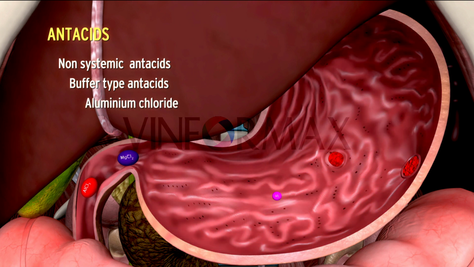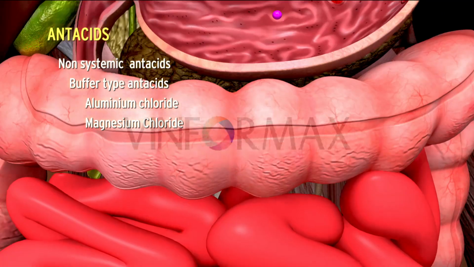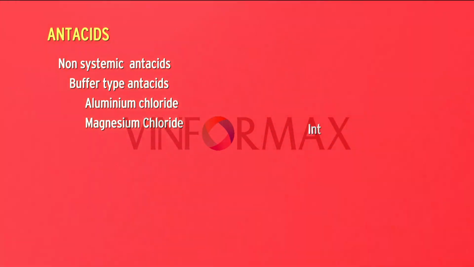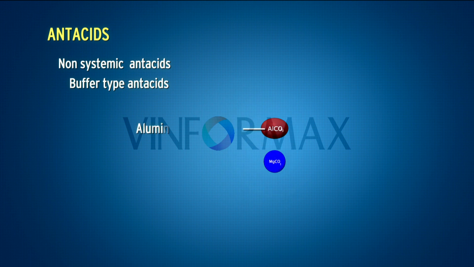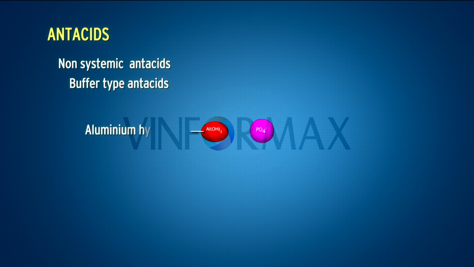Aluminium chloride and magnesium chloride further react with intestinal bicarbonates to form aluminium carbonate and magnesium carbonate. Aluminium hydroxide binds with the phosphate of the intestine.